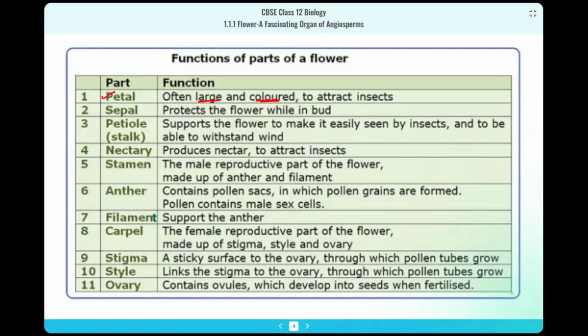So petals are needed to attract the insects. Now we have the sepals, which protect the flower while in bud. Now the petiole supports the flower to make it easily seen by the insects and to be able to withstand the wind. So it is a support system.